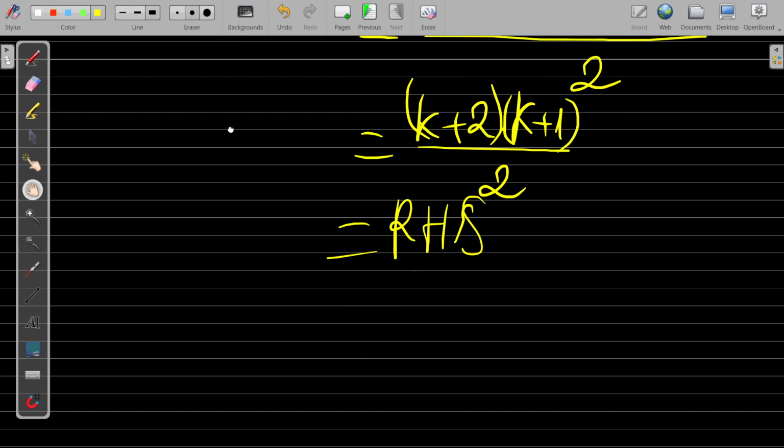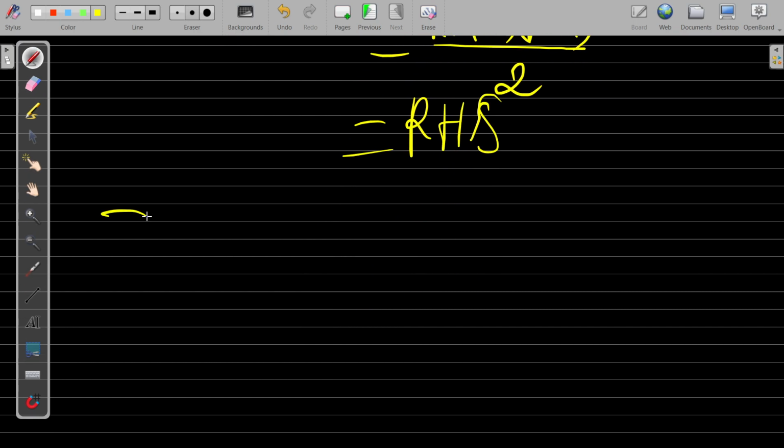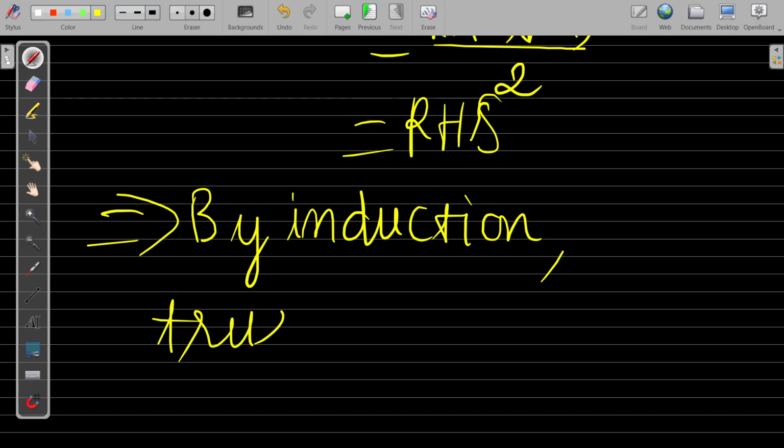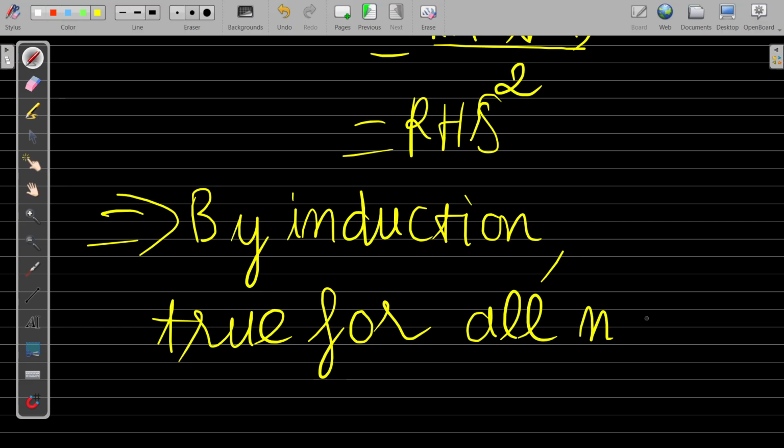And so with this step, we can conclude that after the 3 steps here, by induction, that is true for all numbers that are positive integers, basically.